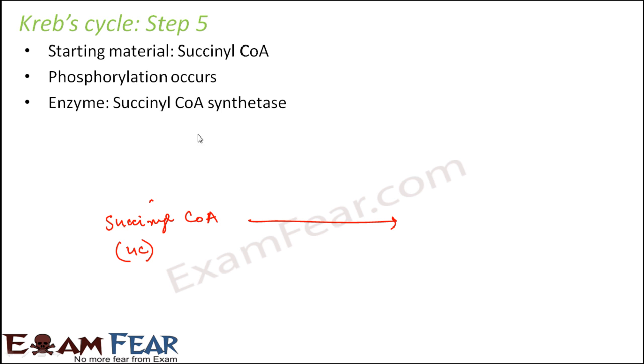This in presence of the enzyme succinyl coenzyme A synthetase, phosphorylation will happen. So during phosphorylation, what happens? One phosphate group is removed from here and it is passed on to GDP to form GTP.